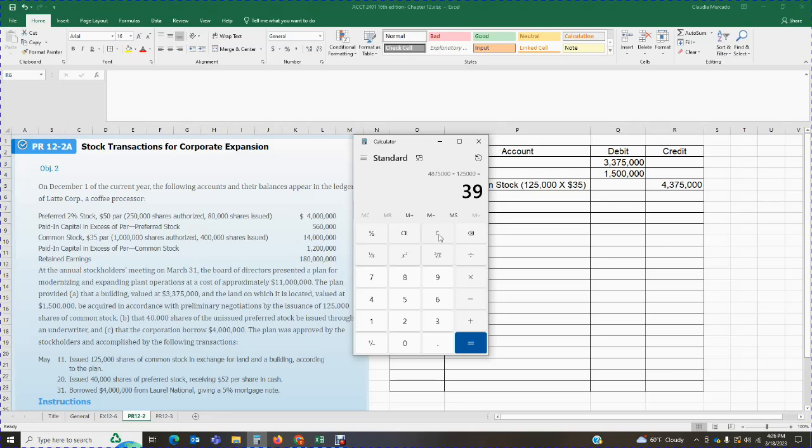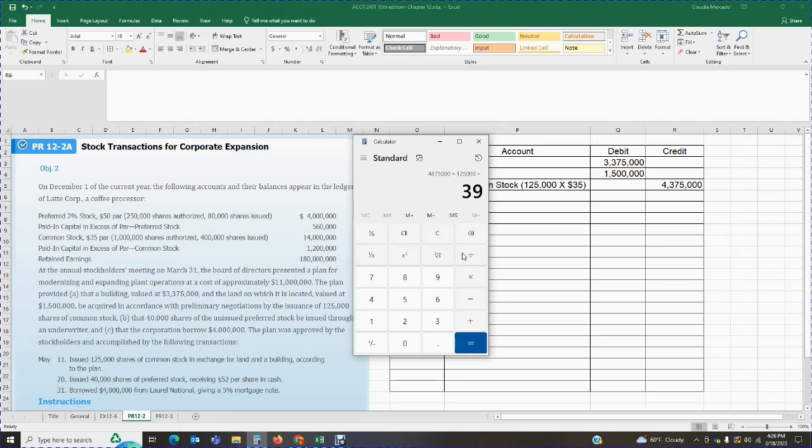So that additional money is going to be put into an account called paid-in capital in excess of par. Okay, so this is the amount that was provided in excess of the par value. My par value is $35. In this particular case, the value of the stock is being obtained at $39.